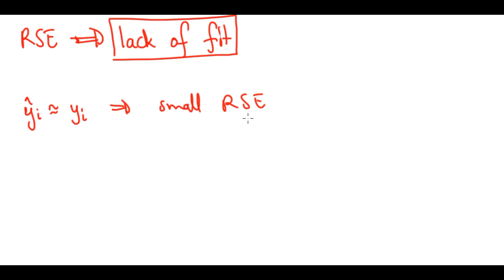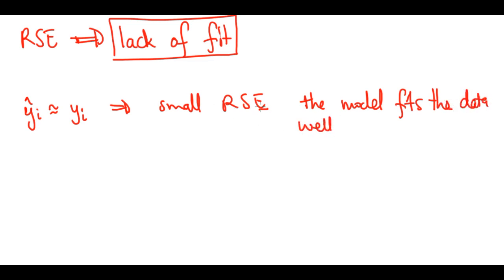And if it is small, then we might say the model fits the data well. I think that makes sense. If the RSE is small, we can say the model fits the data well. But if these two are very different, like we've predicted a value that is very different from the actual value, then our RSE will be high, and we might say this model does not fit the data well.